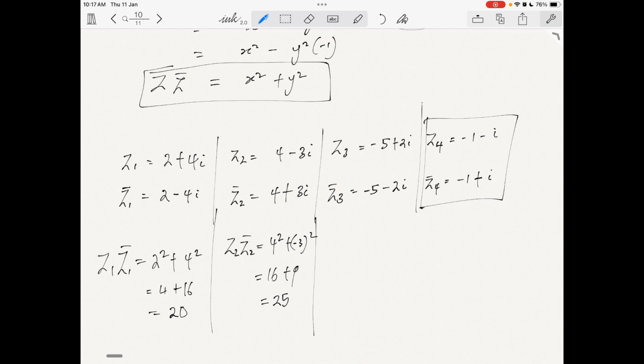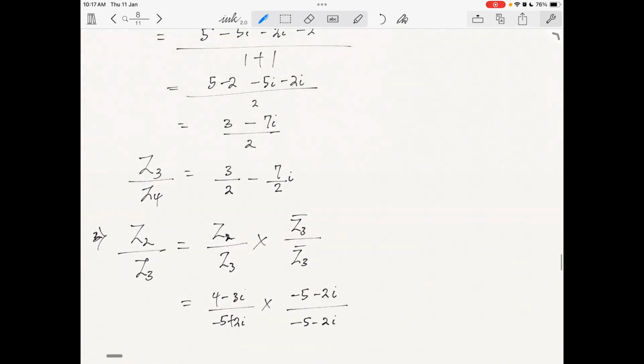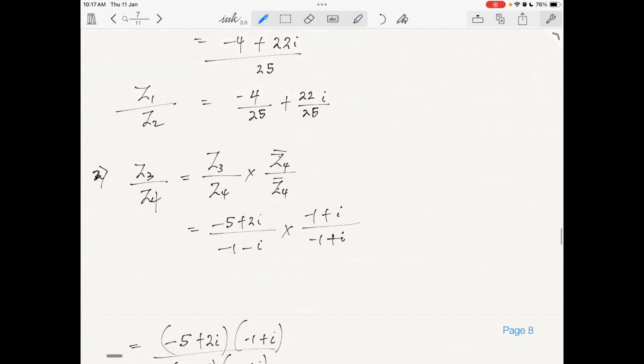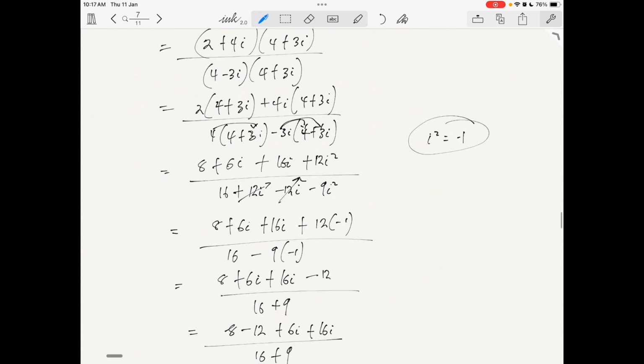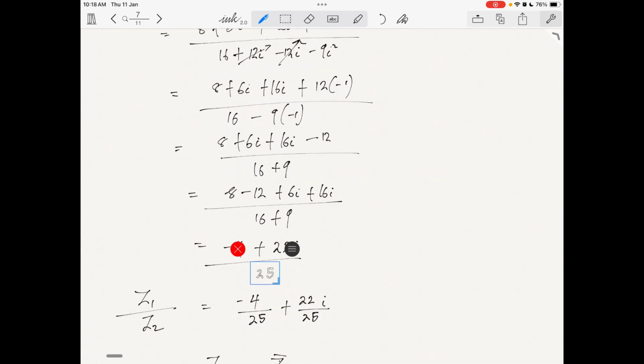Now we can see that we have z2 multiplied by the conjugate of z2 to be 25, which was the same operation we carried out in the first example, where we have z2 multiplied by z2 bar, right? And our answer was 25.